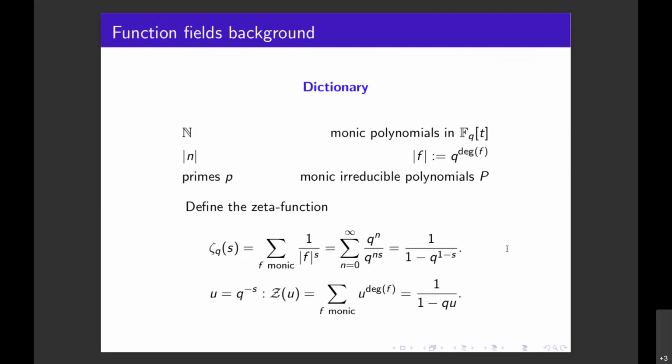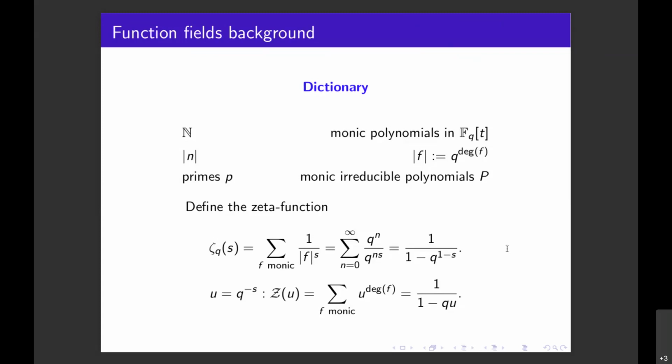So with this kind of analogy in mind, we can define many of the classical objects in this function field setting. So for example, the Riemann zeta function is defined by the Dirichlet series 1 over n to the s when the real part of s is bigger than 1. Since positive integers correspond to monic polynomials, we will define our zeta function in this setting as the sum over monics of 1 over the norm of f to the s.